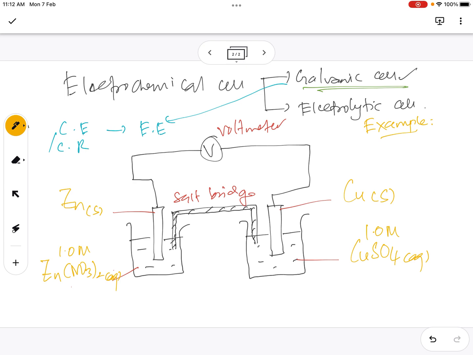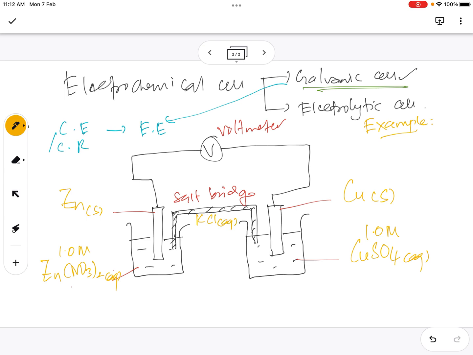Kalau dia insoluble, ion tak bergerak lah sebab dia tak larut. Salt bridge ni we got few components. Few salt can be used. Maybe I give you potassium chloride aqueous. For example, it can be potassium nitrate. Normally yang biasa digunakan saya letak sini potassium chloride lah. Ini biasa popular lah. Potassium chloride aqueous.